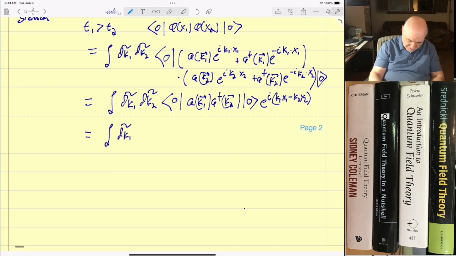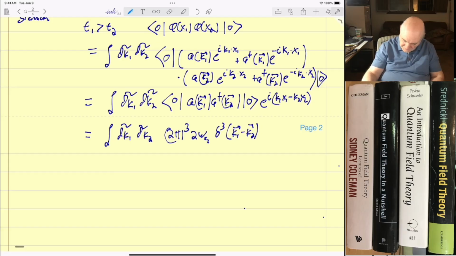So the integral d tilde k1, d tilde k2, we get 2 pi cubed, 2 omega, doesn't matter whether we make it k2 or k1, delta 3 of k1 minus k2, e to the i, k1 x1 minus k2 x2.